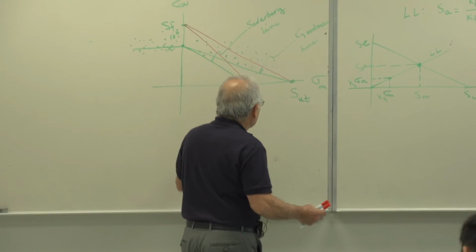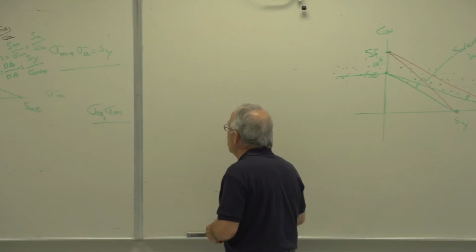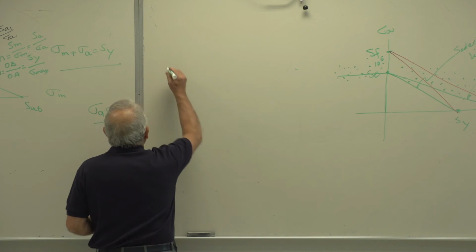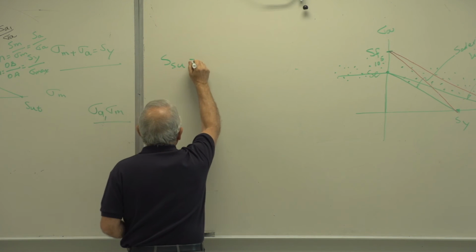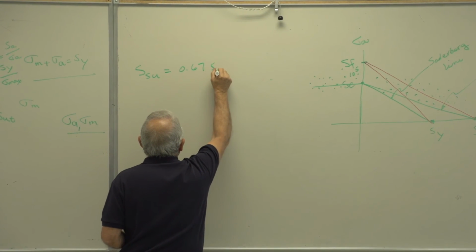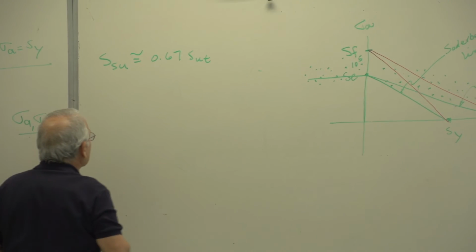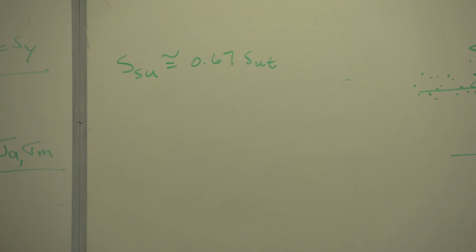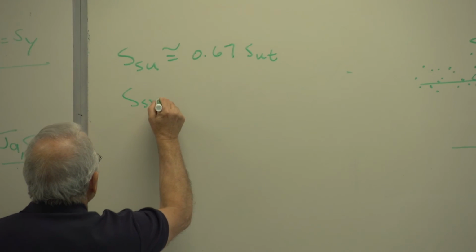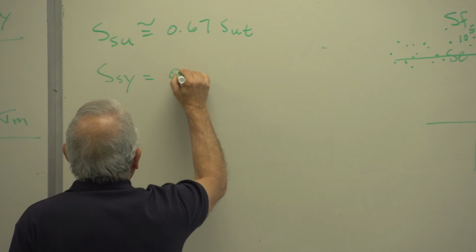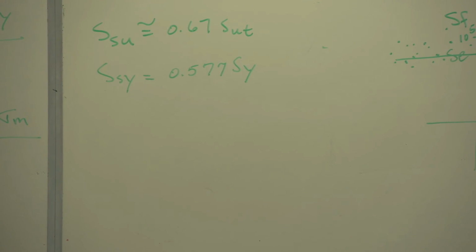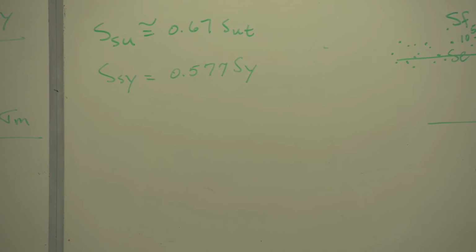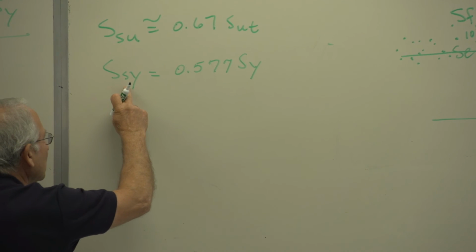Otherwise, draw Goodman line, load line, exactly the same with these substitutions. Ultimate strength in shear, SSU, we take that approximately as 67% of SUT. SSY, we've talked about this before, comes from the von Mises consideration. It's 0.577 SY. This is yield strength in shear.